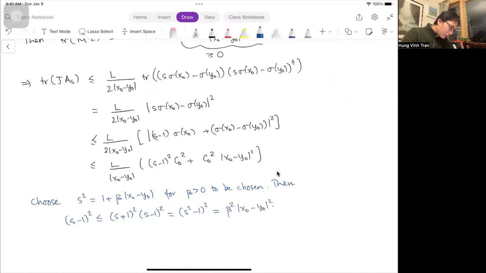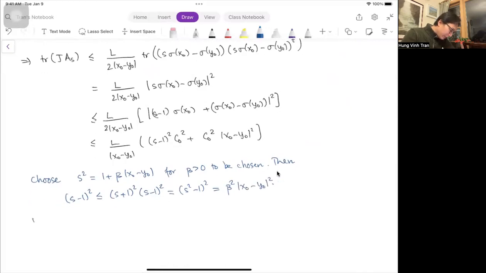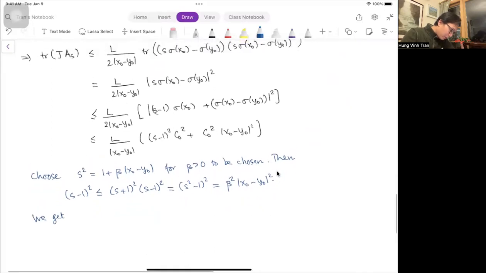So if we choose it to be like this, then we get, after a long computation, that the trace of J times AS is less than or equal to C naught square times L, C naught square out.